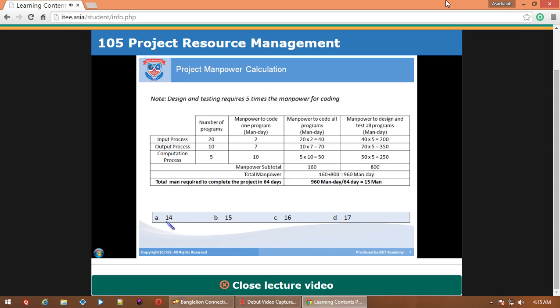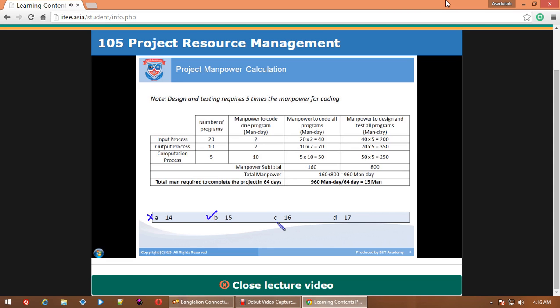Option A says 14 man. It is not possible, so this is not the correct answer. Option B says 15, and we find that at least 15 man is needed to complete this task in 64 days. So this is the minimum number of persons required to complete this system.